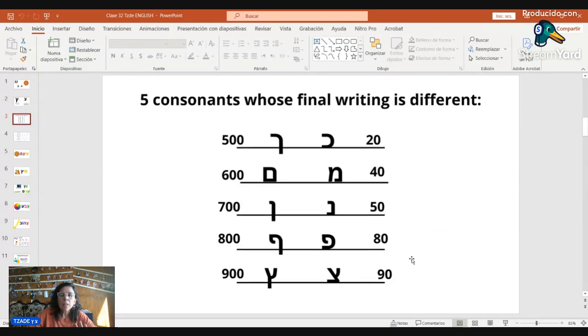Up to this lesson, there are only 5 consonants whose final writing is different, so today is the opportunity for Tzade Sofit, and initial or middle Tzade, the one that I am just showing right now. The numerical value is very important, and it's different from the final consonant.